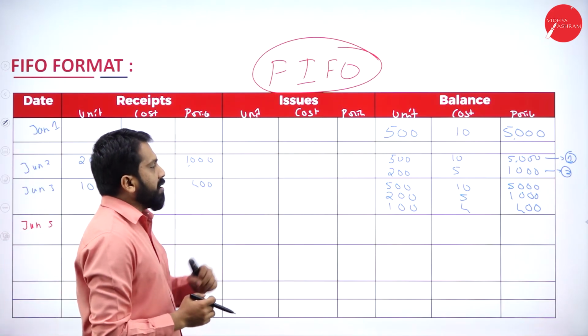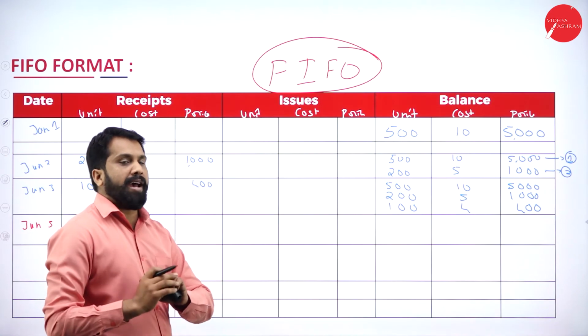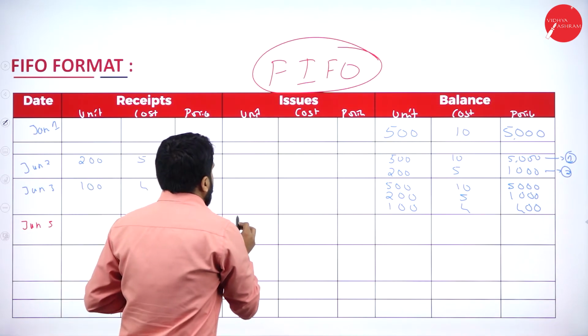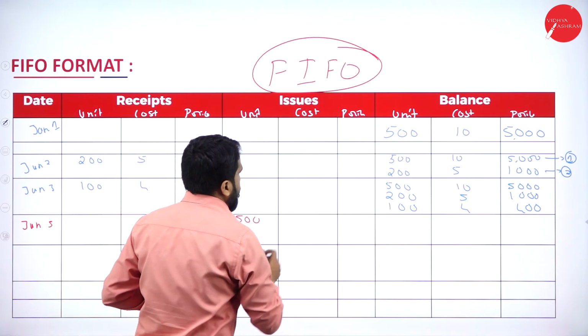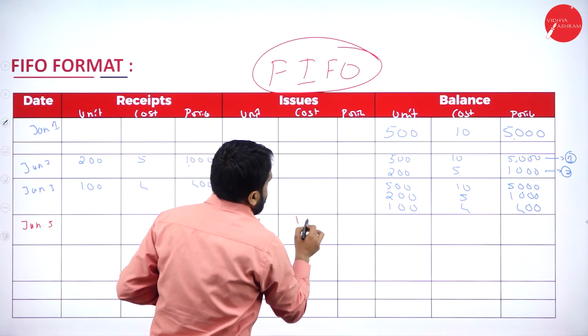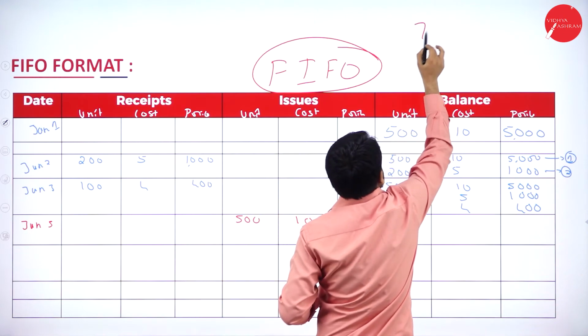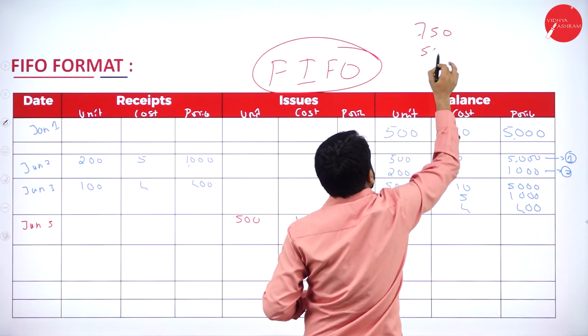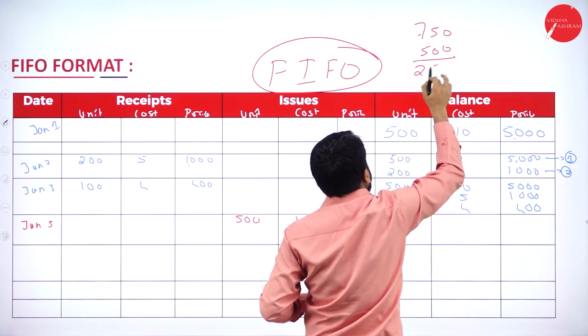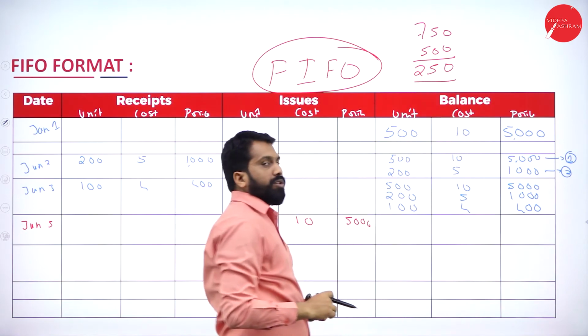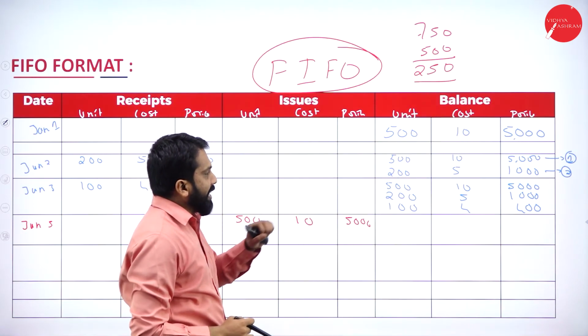In the first box, how much do you have? Only 500. Copy that. From the first box you are taking 500 into 10. It is 5000. Out of 750, you have issued 500. Still how much do you need? Still you need 250.